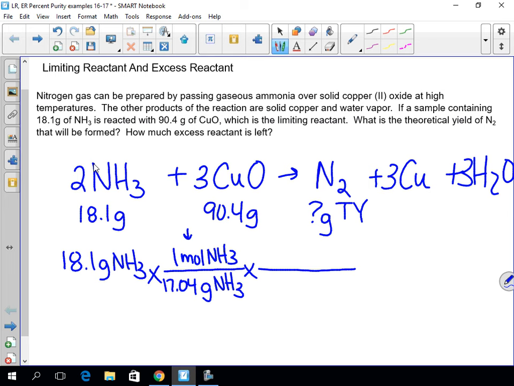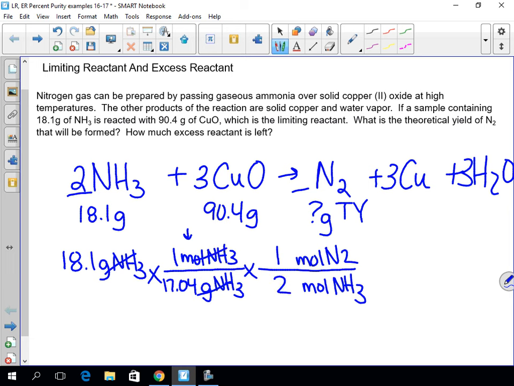Now the next step is our mole ratio step, and that's where we use the coefficients from the balanced equation. So our grams cancel, so now we know that moles of ammonia needs to come down, and moles of what we want to find goes on top. Looking at our balanced equation, we see that there is 1 mole of nitrogen, 2 moles of ammonia.